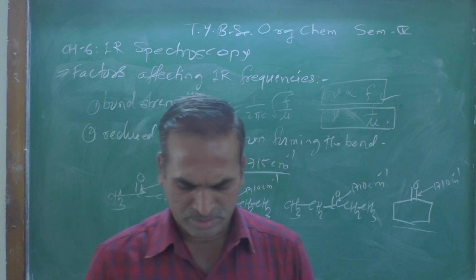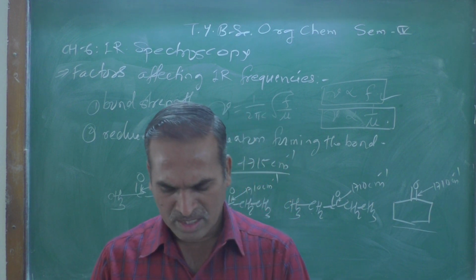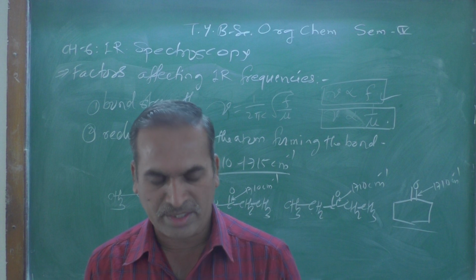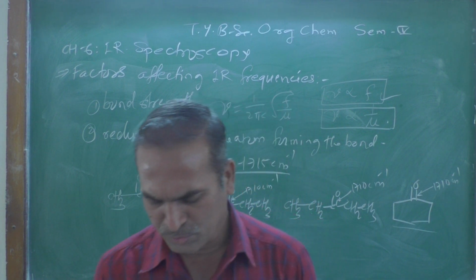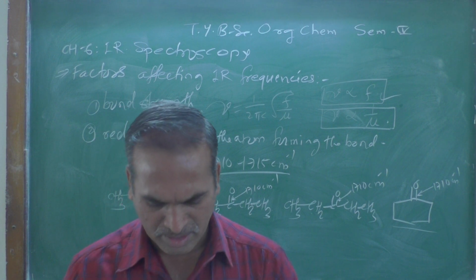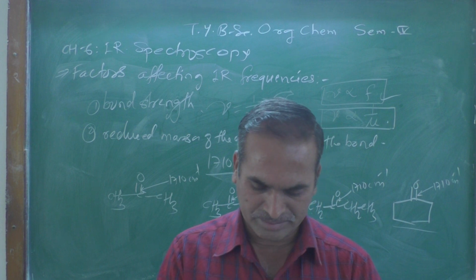Therefore the appearance of a peak in the IR spectrum around 1710 to 1715 per centimeter should indicate the presence of a ketonic group in that compound.